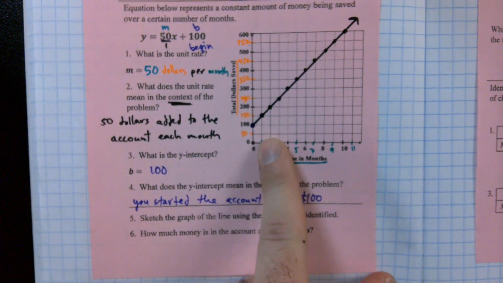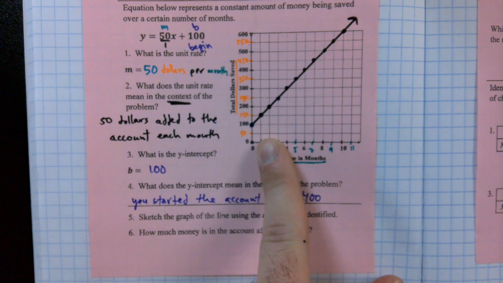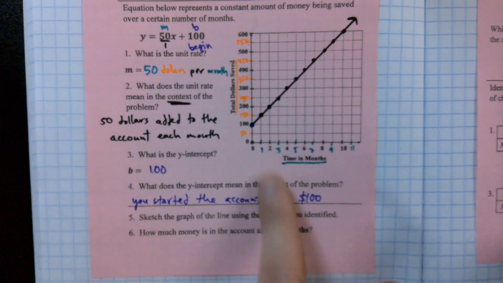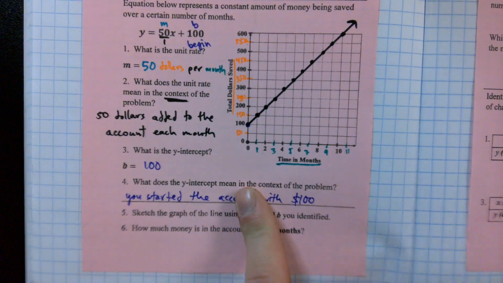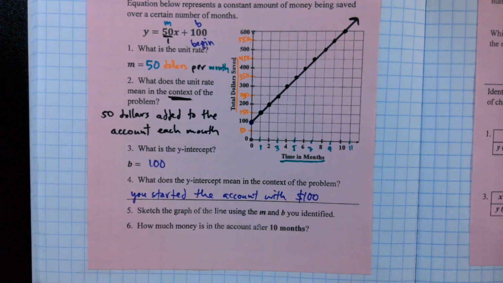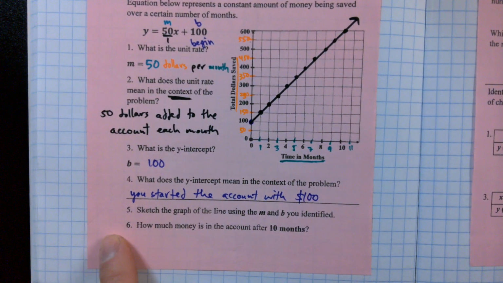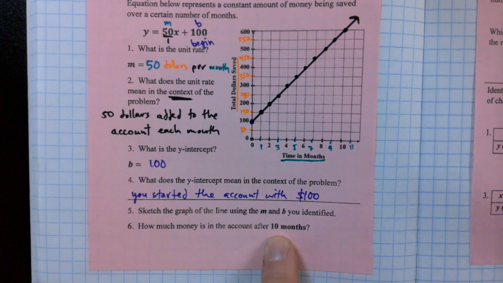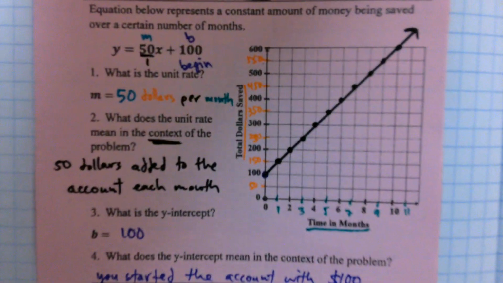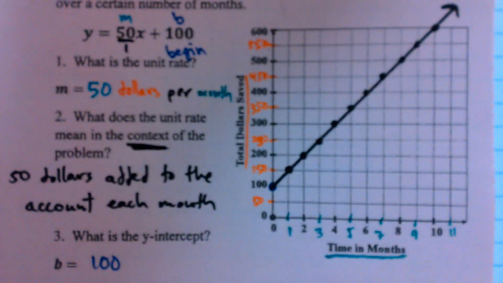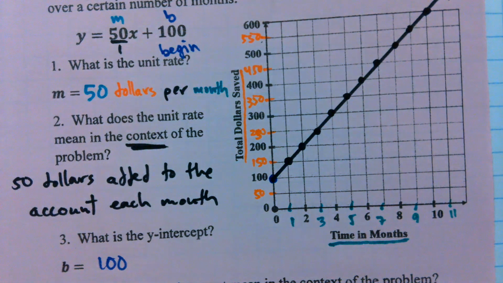Give me a thumbs up if you see how we graphed that line. Okay, it's exactly the same as what we've been doing, except the numbers are a little bit more inflated based on what we're talking about in that problem. Now the real question is, how much money's in your account after 10 months? How can we figure that out? Just look at the graph. Where is 10 months on the graph?